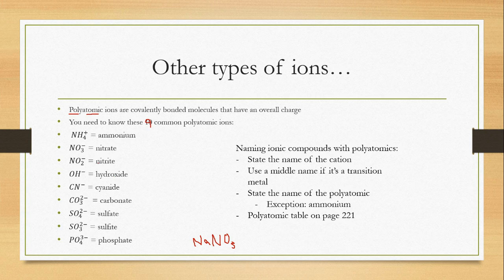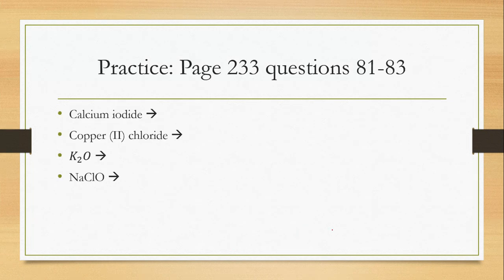Sodium has a +1, nitrate has a -1, so they cancel just like that. And you would write it sodium nitrate. No middle name because it's not a transition metal. And there's more polyatomics on page 221 of your textbook.